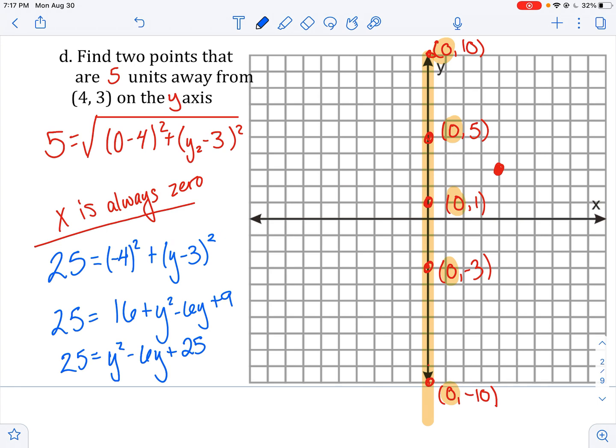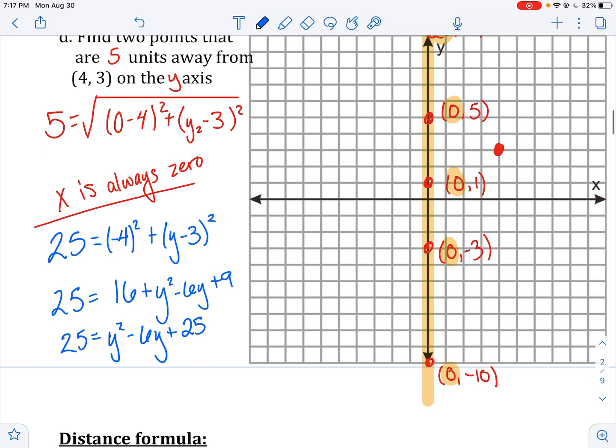Okay. So if I subtract 25, I get y squared minus 6y equals 0.